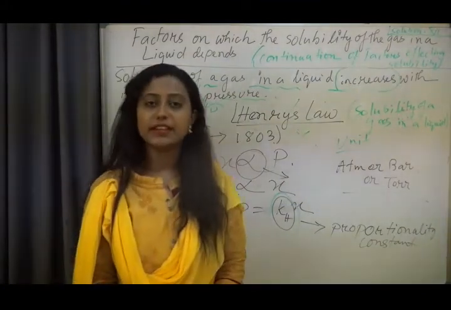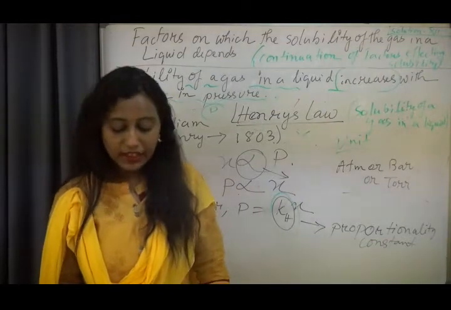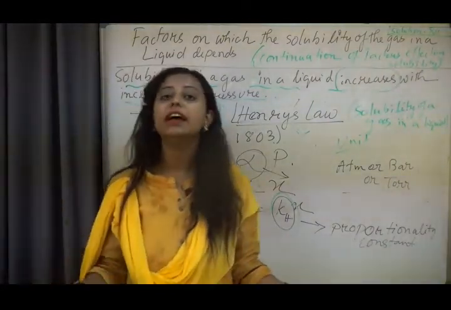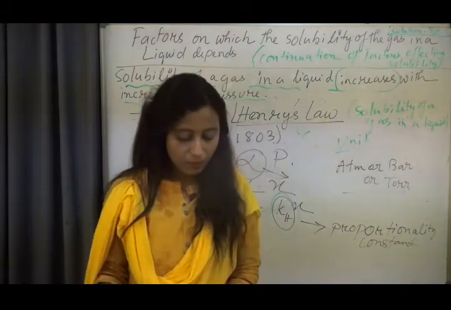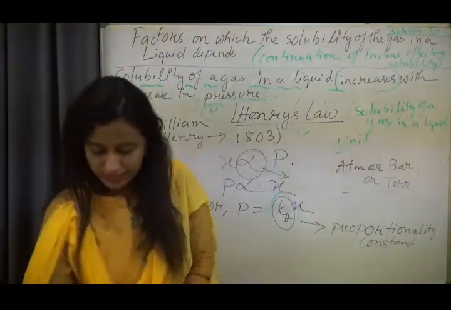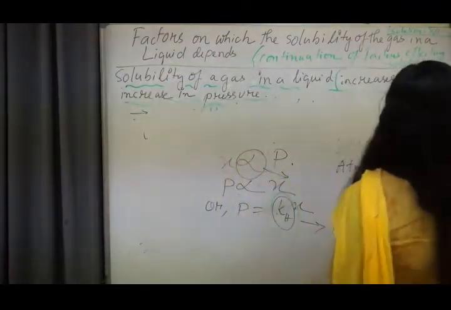So what does Henry's law state? Henry's law states that when the pressure above the gas is increased, then the gas will be liquefied more easily. So what are the characteristics of this proportionality constant, or Henry's law constant?